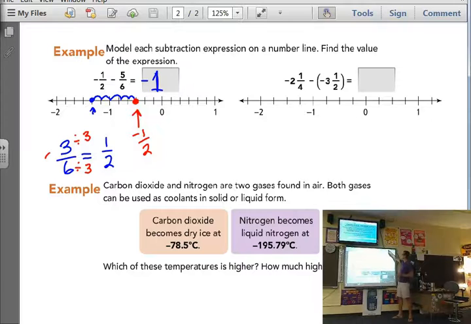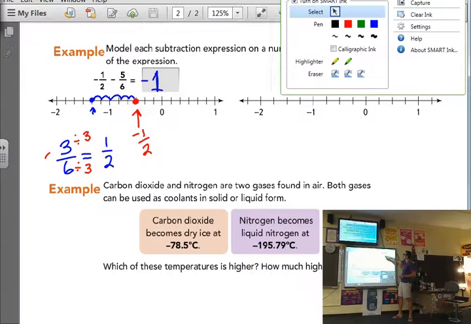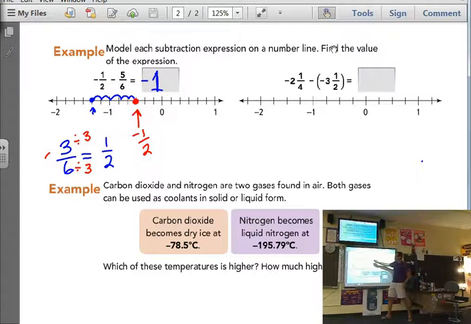And Dom, how many sixths did I go past -1? 2, right? So I'm at -1 and 2/6, but that is not simplest form. Ellie? 1/3, because I can divide the numerator and the denominator by 2, and I really get -1 and 1/3. So we always want to simplify if possible.